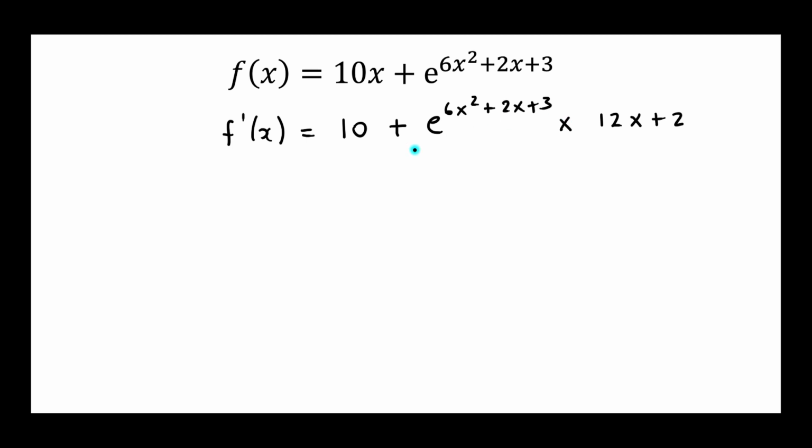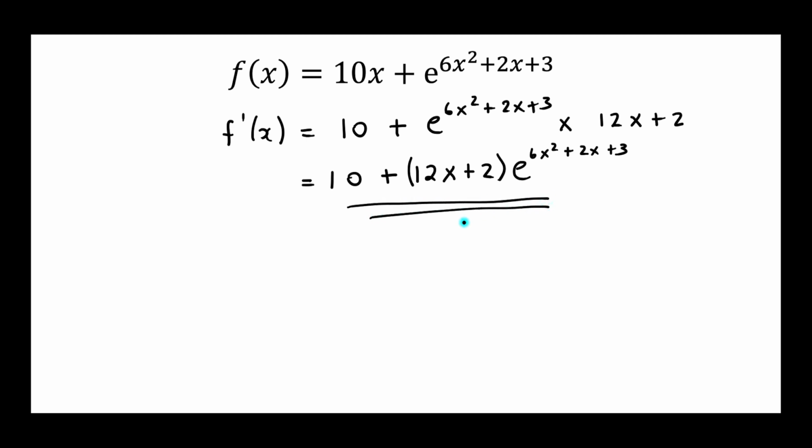So just be careful guys, when you're multiplying this, you're going to multiply it with this, not with this. Okay, so that will be 10 plus, so I have my 12x plus 2, that's multiplied with e to the 6x squared plus 2x plus 3. So that would be my final answer.